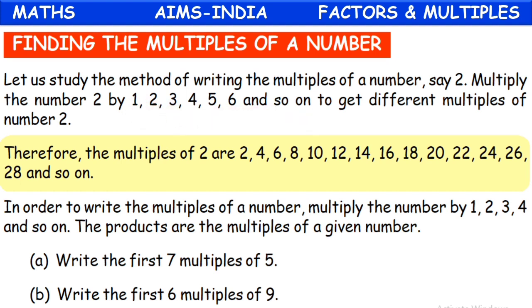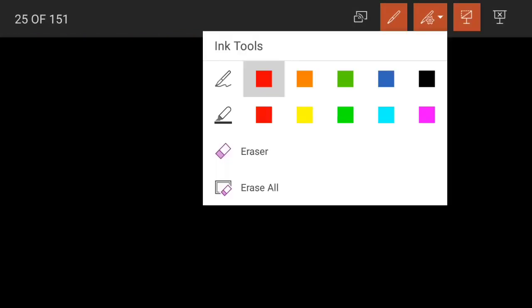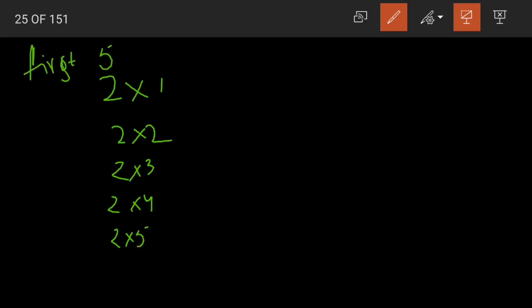What did we learn? Multiples are obtained by multiplying two numbers. Now when we have 2, then for the multiples of 2, we need to multiply 2 by 1, 2 by 2, 2 by 3, 2 by 4, 2 by 5 and so on. If I ask you to write the first 5 multiples of 2, then you need to multiply till 5.